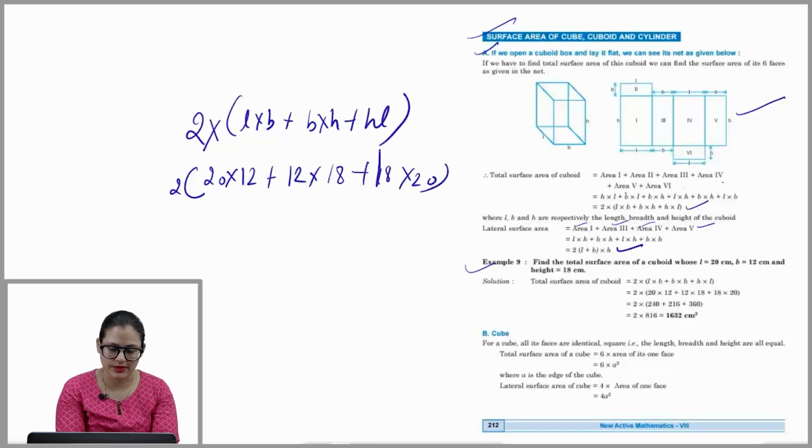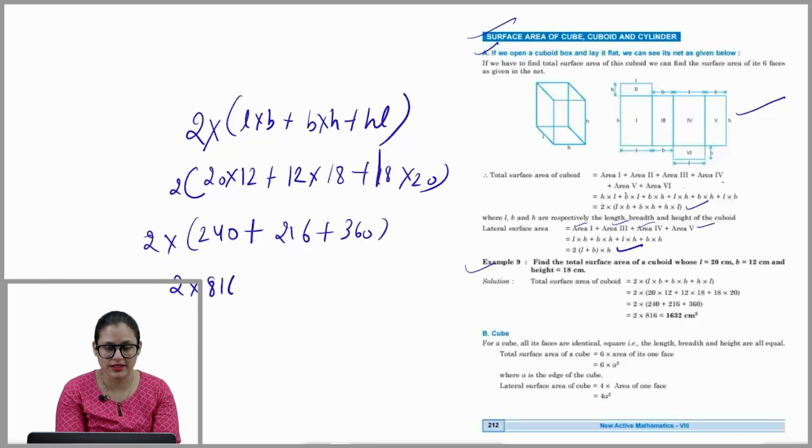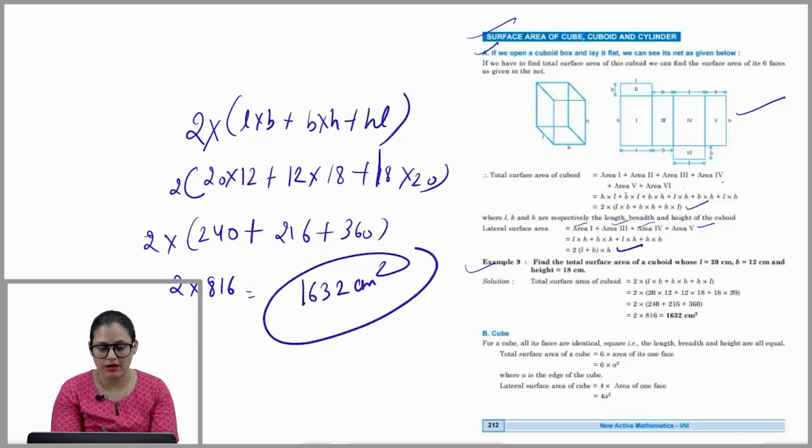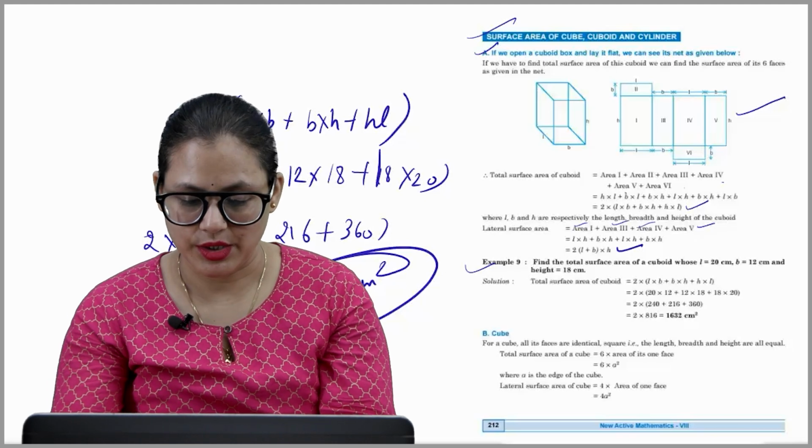So 2 into (240 plus 216 plus 360), that is 2 into 816, which equals 1632 centimeter square.